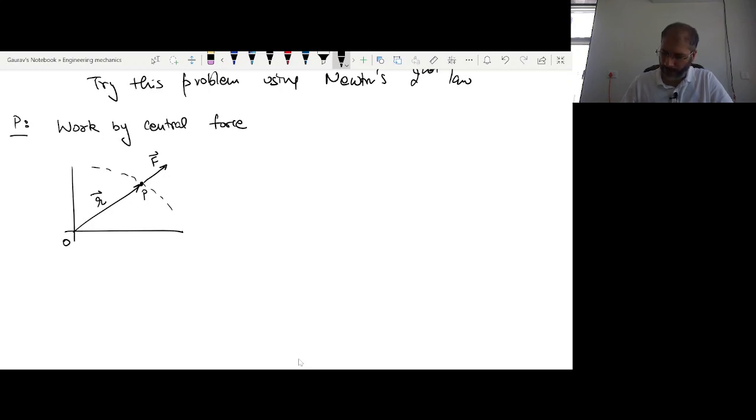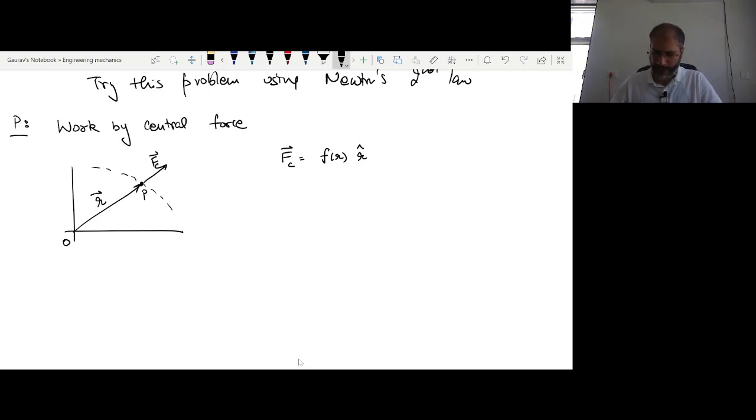So we can see that F, which is a central force here, let's call it Fc, is denoted by some scalar function small f as a function of r times r hat.